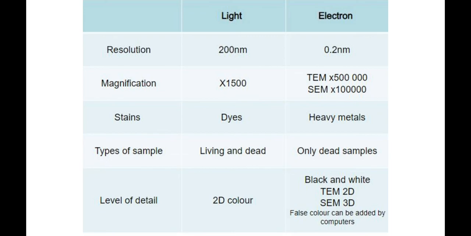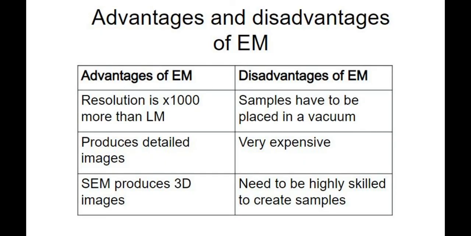Of course, in the light microscope we can investigate both living and dead samples, and in the electron microscope only dead samples which are coated by metal, or if it is a transmission electron microscope, it can be without metal coating, but nevertheless it is limited in contrast. So the advantage is very high magnification.